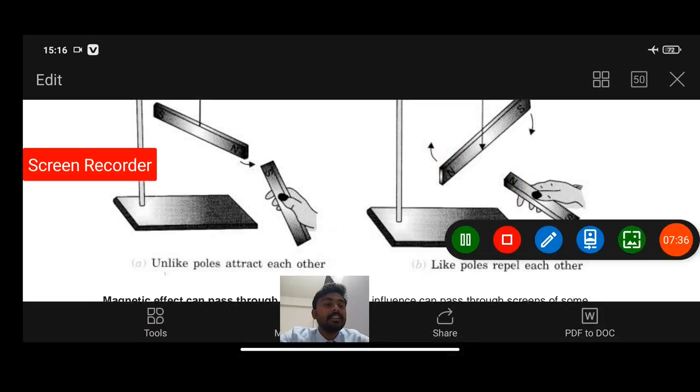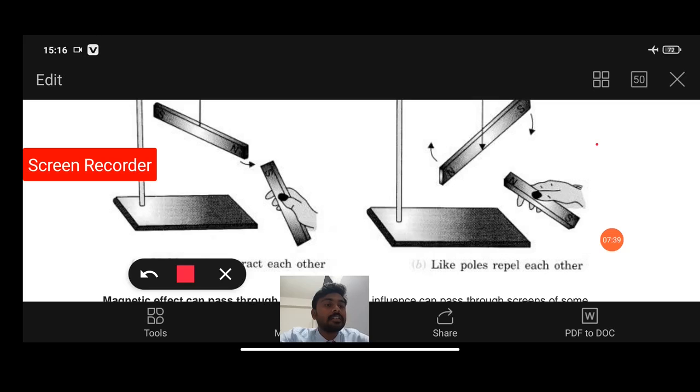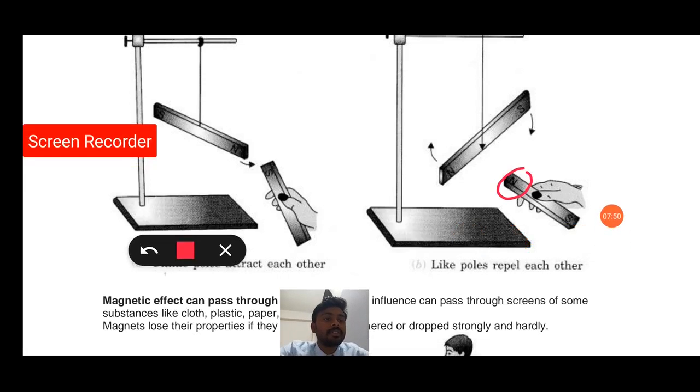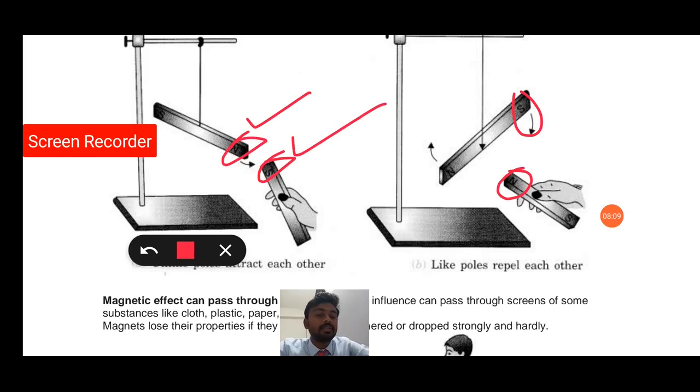You can see, this is a north pole, this is a south pole. So both attract each other. This is a south pole, this is a north pole, so both are different poles and attract each other.